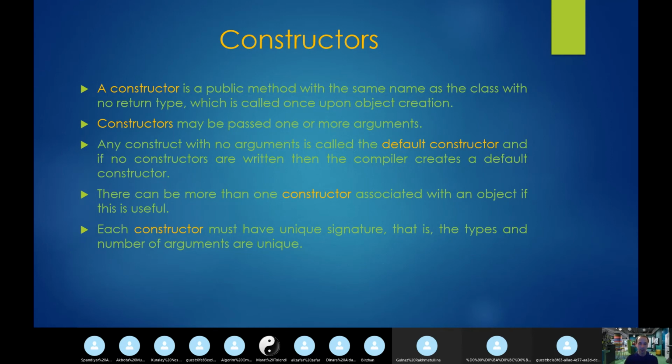And when you don't create a constructor, it is called the default constructor. When you don't create a specific one and you don't initialize it with any arguments, it will be the default constructor.